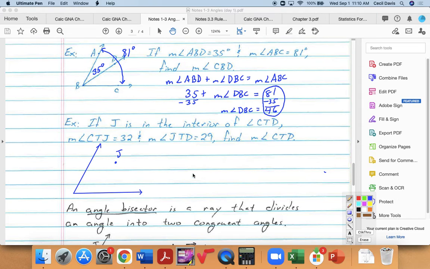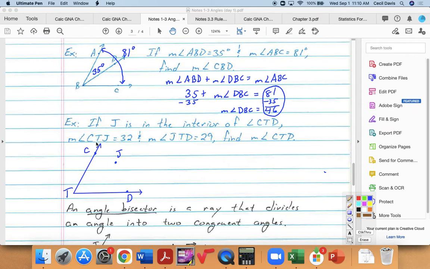I'm not going to put it exactly in the middle because they didn't tell me that. Of angle CTD. C is on one side, T is the vertex, D is on the other side. So that's the first part.